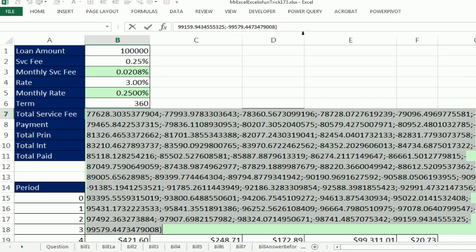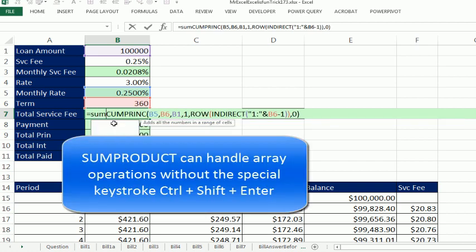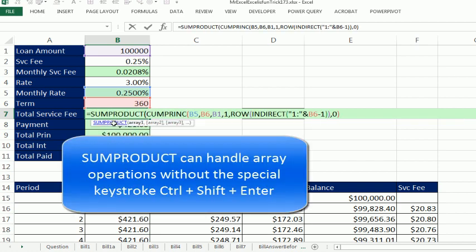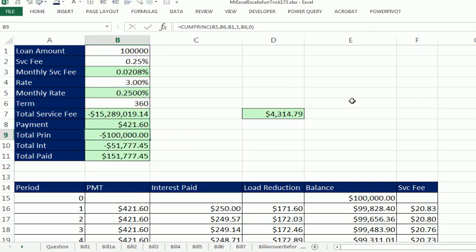So Control Z. If we were to add all of these up, I'm going to use SUMPRODUCT instead of SUM, and I'm not going to put a minus because it'll pop out negative, and when I enter, that's adding up all of the cumulatives as a minus.